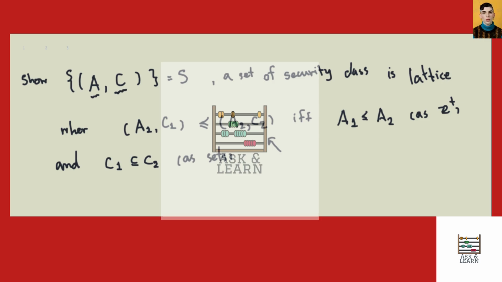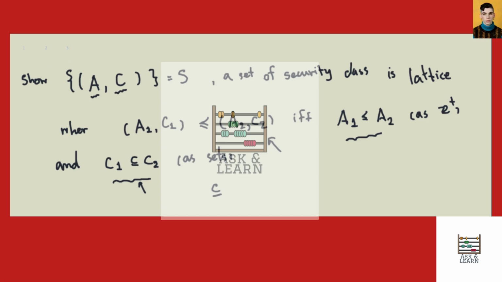The first entry is just positive integers, but the second one is a set of finite elements. And so on the second entry, instead of the less than or equal to sign that we are used to, it becomes being a subset. Everything else is just the same.